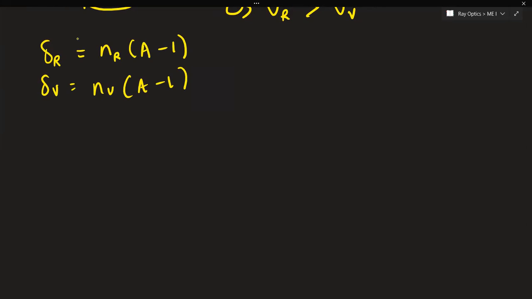So now see what is meant by angular dispersion. Angular dispersion is the difference between these two angles. Angular dispersion is actually the difference between the angles of deviation of the two extreme colors, not any two colors.